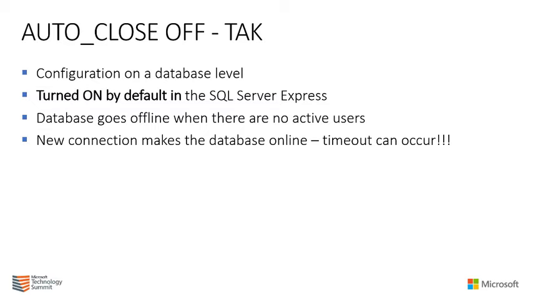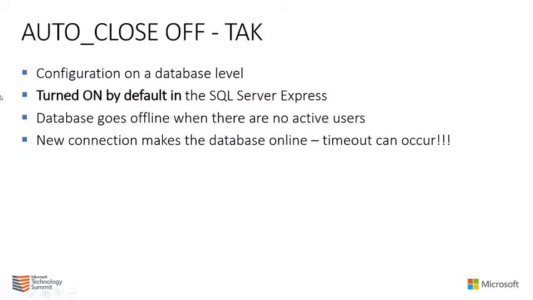And the bad thing is that it's turned on by default in SQL Server's Express edition. So if you use this free edition of SQL Server, then you have this option turned on by default. So you have to go and turn it off on all databases in that case.